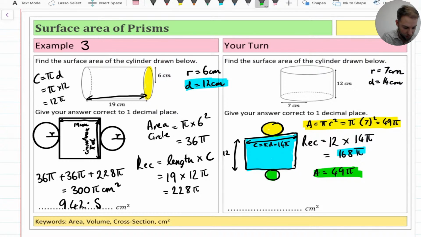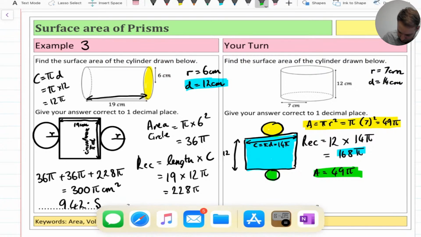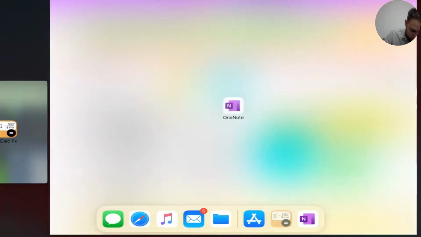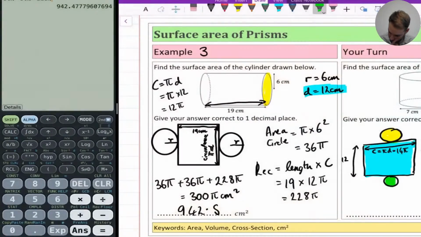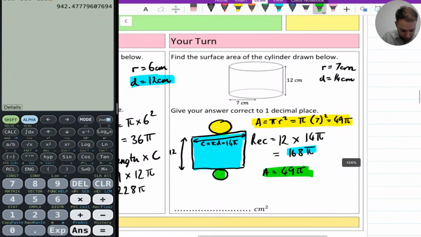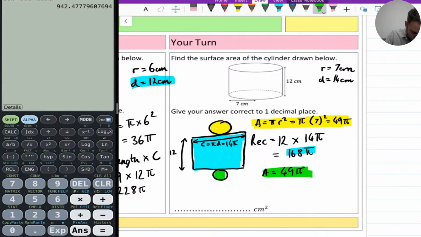So then we need to add those all together. That's equal to 49 pi plus 168 pi plus 49 pi, which is equal to 266 pi.